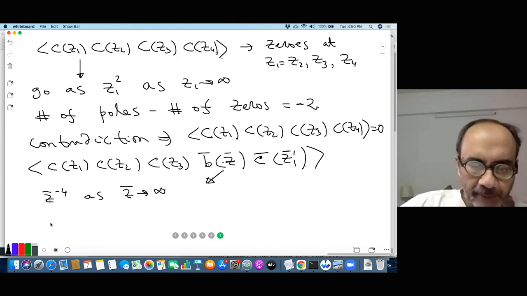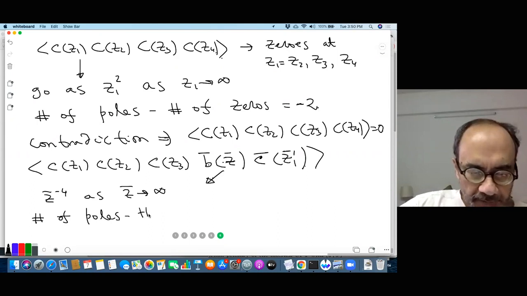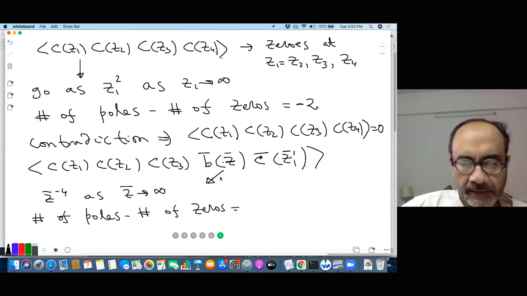Which means in the Z bar plane, the number of poles minus the number of zeros is 4. But as a function of Z bar, it has only 1 pole.